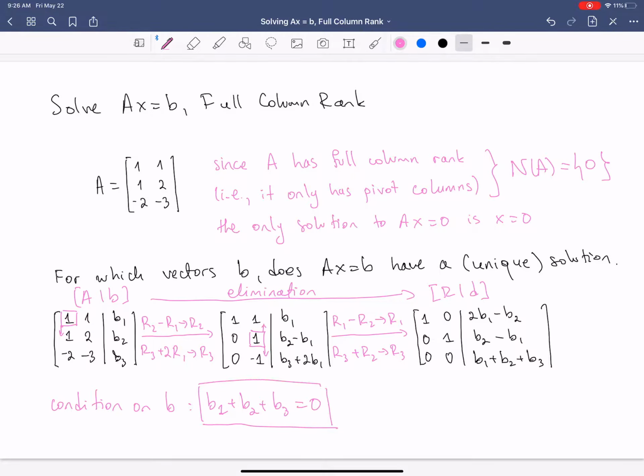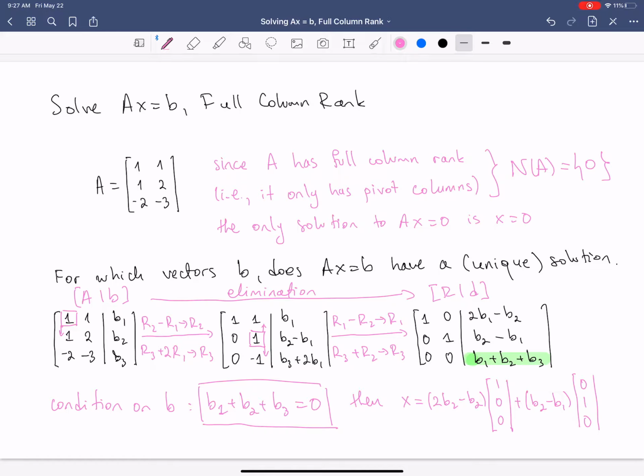If B satisfies this condition, then the general solution to the system would be, thinking of the zero row as not being there, a combination of the columns of R: (2B1 minus B2) times 1, 0, 0 plus (B2 minus B1) times 0, 1, 0.